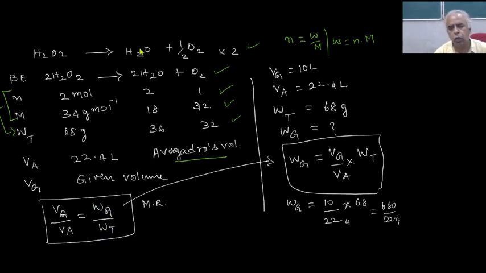This is called the mass ratio, so you have to remember this concept. Based on this, Vg is 10 liter, Va is 22.4 liter, and theoretical weight is 68 gram.